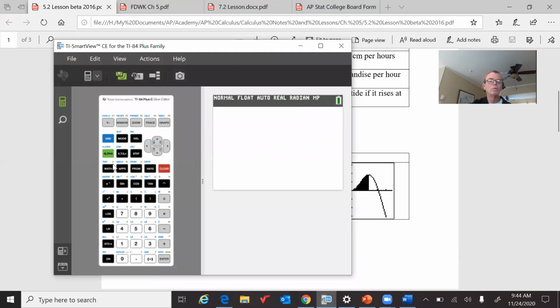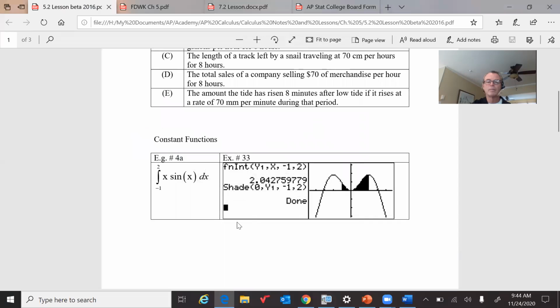You go to Math 9. Okay. So I went to Math 9. You can do this, ready? I put this in Y1, x sine x. There's no point in doing all 3 of these. I'm on page 281. We can communicate to you how to use the technology with just 4A.